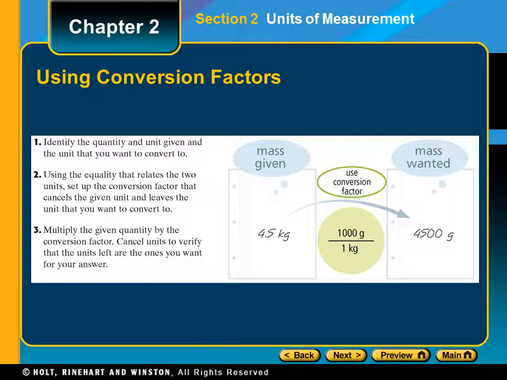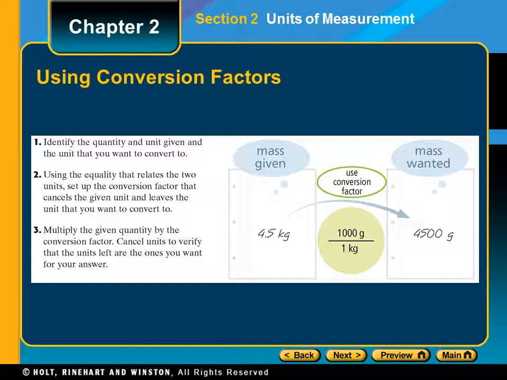This chart shows you in more scientific terms, how do we use conversion factors? Well, identify the quantity and unit given and the unit that you want to convert to. Okay? So, number 1, your quantity and unit given, you've got 4.5 kilograms. You want your mass in grams. You figure out the equality that relates to the two units, which is kilograms to grams.